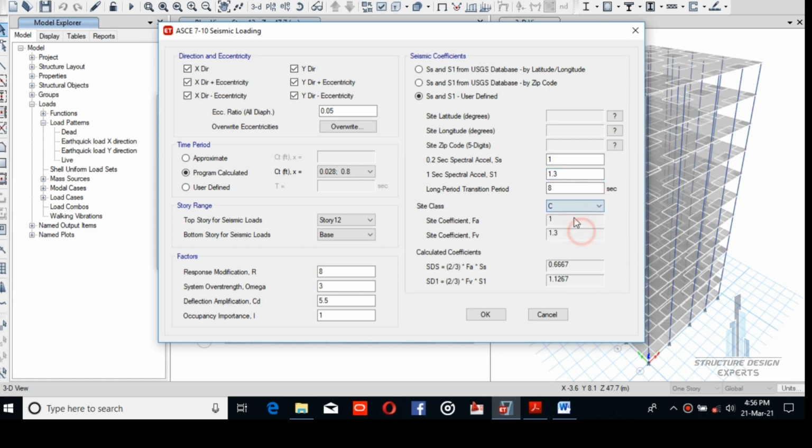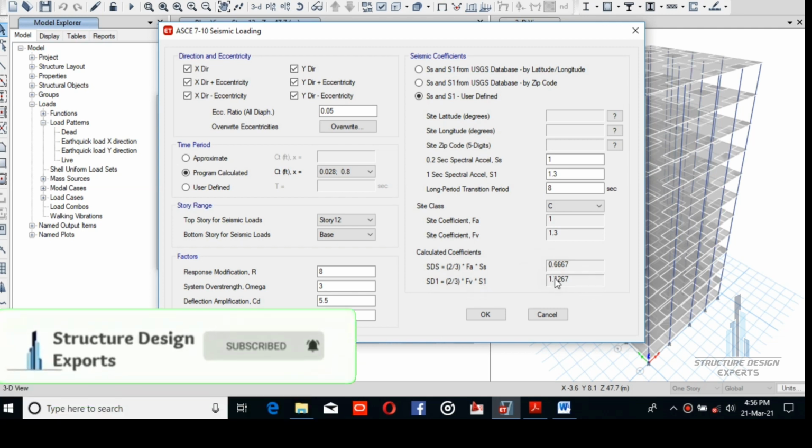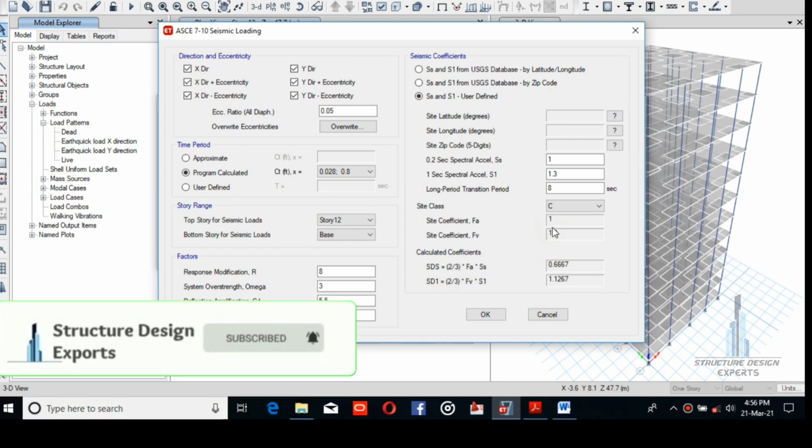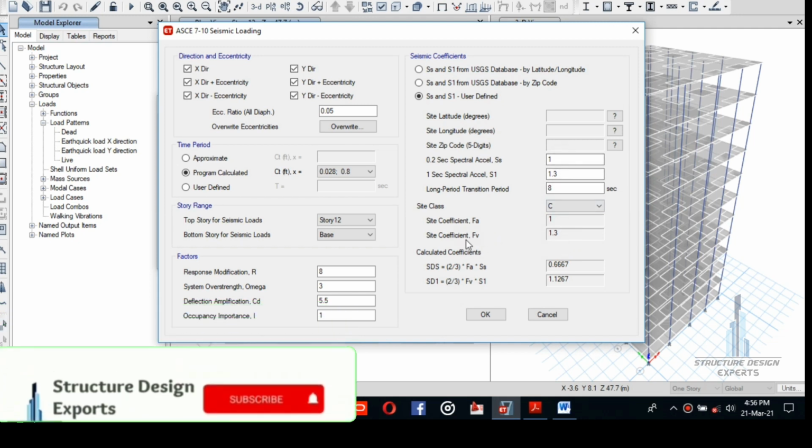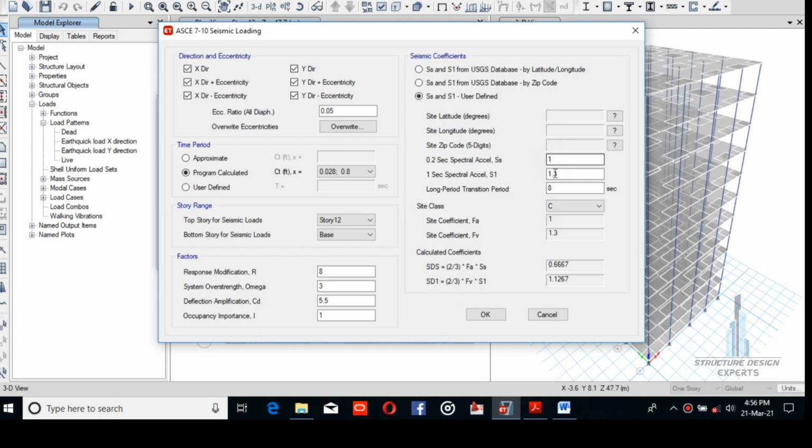So 1 multiplied by 1.3 is the site coefficient Fv, equal to 1.3. If it is 1, this is the calculation of the short period and long period multiplied by each other, so it will be the site coefficient Fv. So it is 1.3, so this one is multiplied by 1.3. Basically it is already calculated by the ETABS.